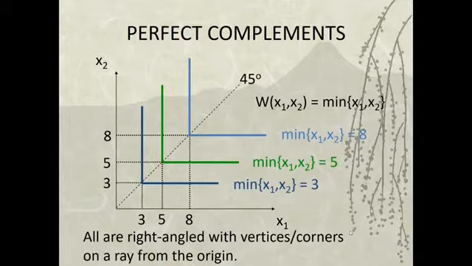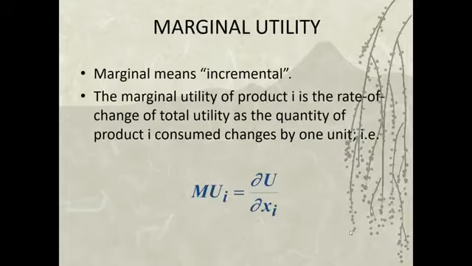So there is, in fact, no substitutability here, because it is complementary, the opposite. So at one point, if you want to increase the utility, just move to the next point, not the same one, because the same never gives you anything. All are right angled, with the vertices or corners on a ray from the origin. So this, in my view, is called the dotted preference, on a 45-degree line.